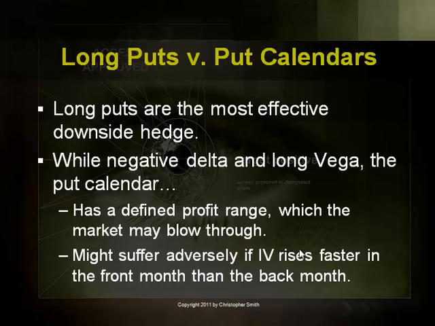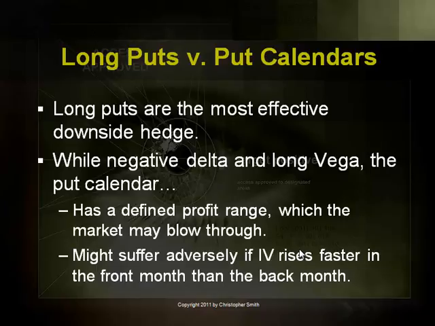Long puts are the most effective downside hedge. They're negative delta, but they're also long vega. The put calendar has a defined profit range, which is why it is not always the best choice for these portfolio hedge techniques.